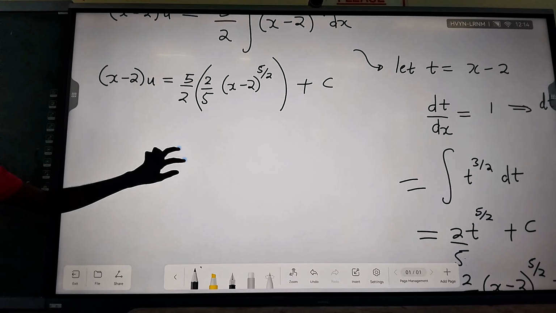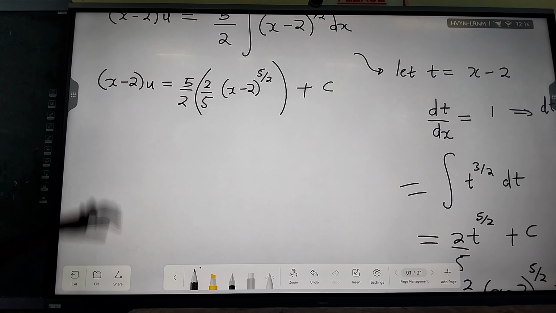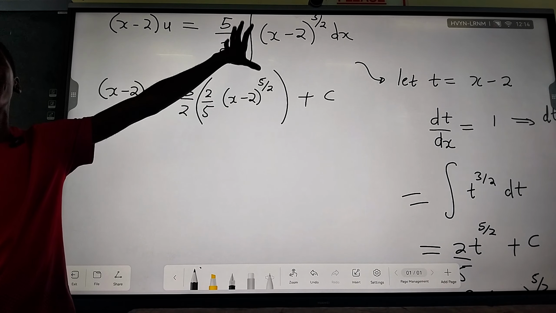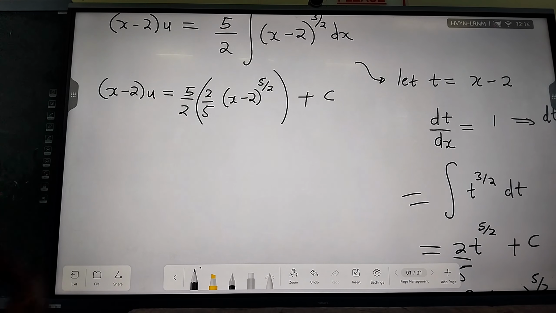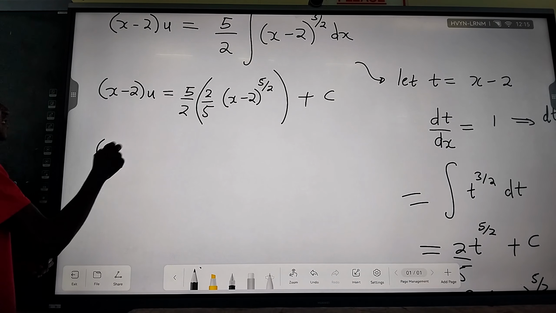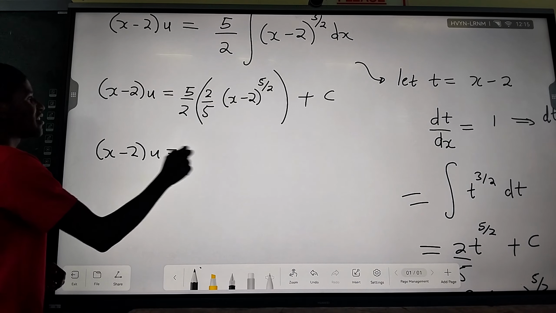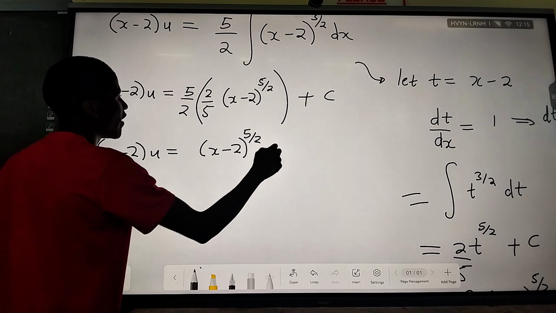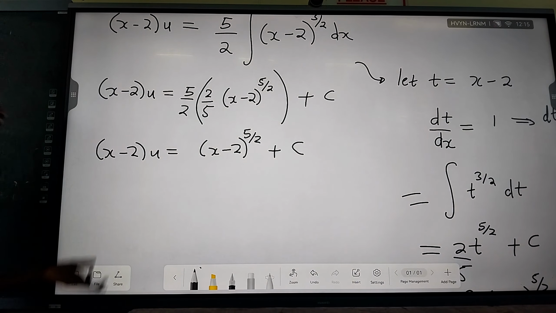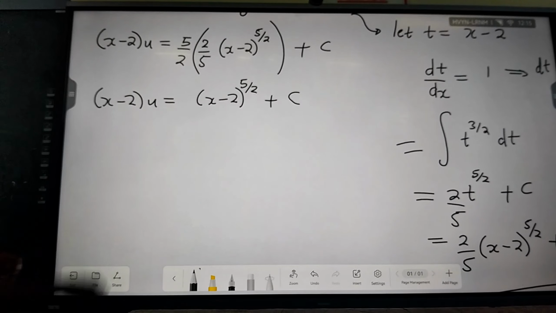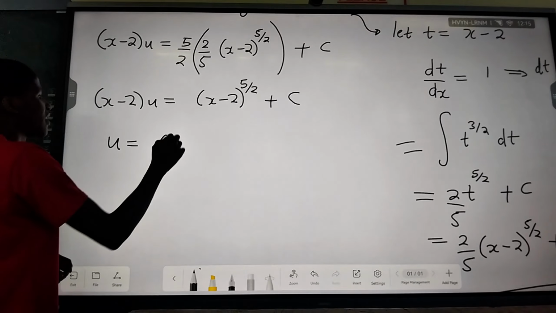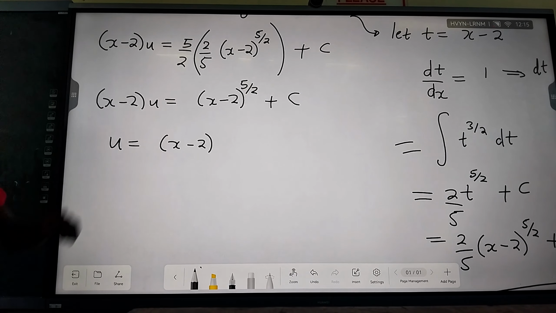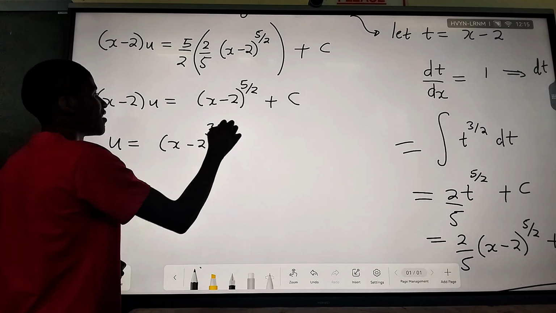Now, from here, if you just multiply this, sometimes the constant is simply taken out to make things simpler. But from here, x minus 2 times u is equal to x minus 2 to the power of 5 over 2 plus c. All you have to do is to solve for u here. u will be x minus 2 to the power of 5 over 2, then you minus 1, where the exponent is 3 over 2.